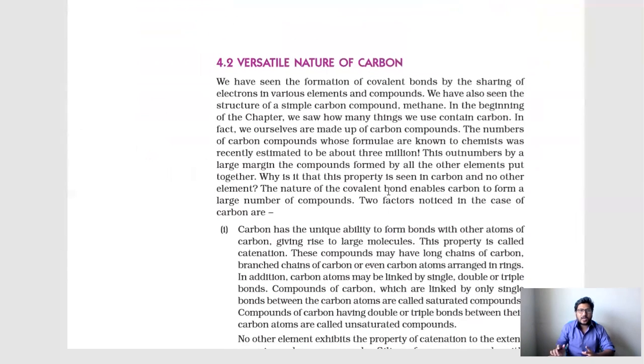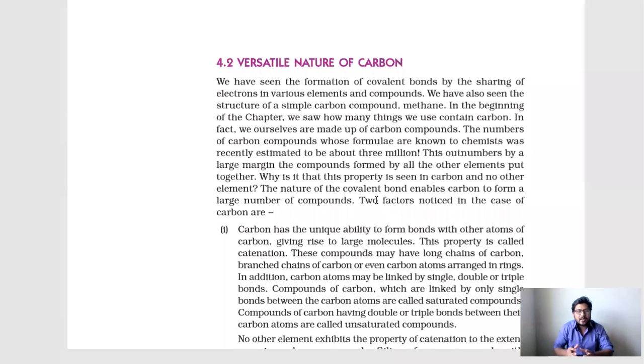Versatile nature of carbon. Why is carbon so versatile in nature? Why is it important for us to learn about carbon? Why are we reading only about carbon, and why is a chapter dedicated to carbon in your 10th class? You need to understand the importance. In your 10th class, you find chapter names like chemical reactions and equations, acids, bases and salts, metals and non-metals, periodic classification, but only one chapter, carbon and its compounds.